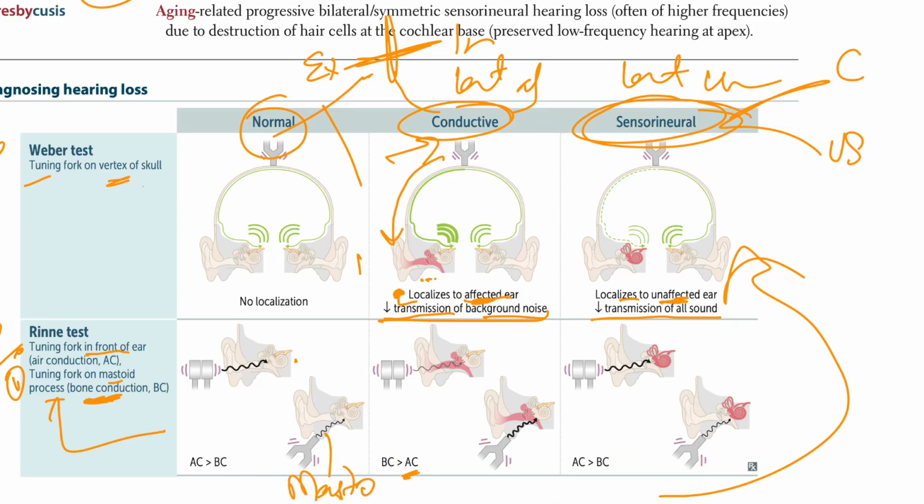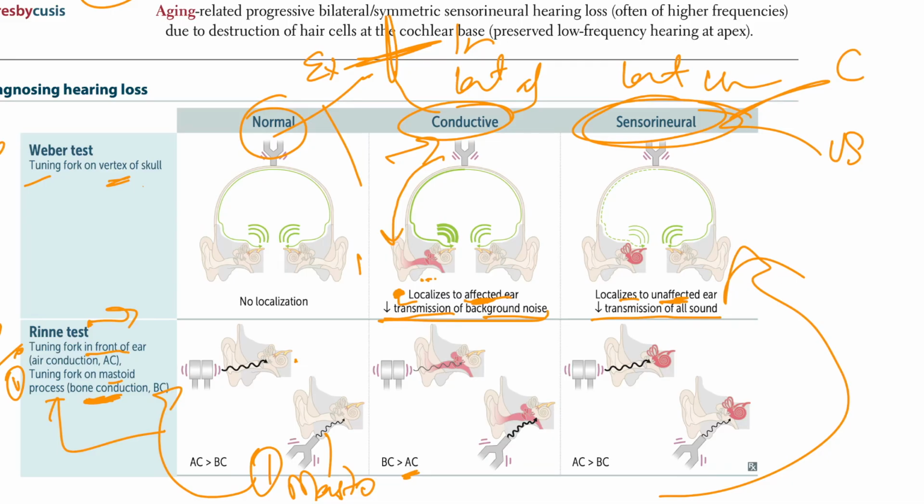We take the tuning fork, stimulate it so that it vibrates, and put the vibrating tuning fork on the mastoid process. Then, when they stop hearing the vibration from the bone, we bring it close to the ear and ask, can you still hear that vibration sound?